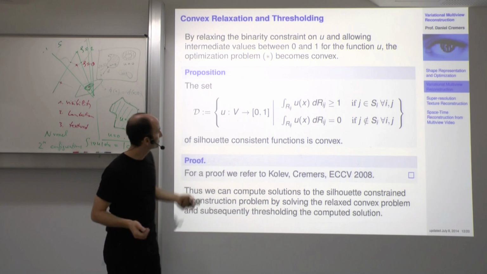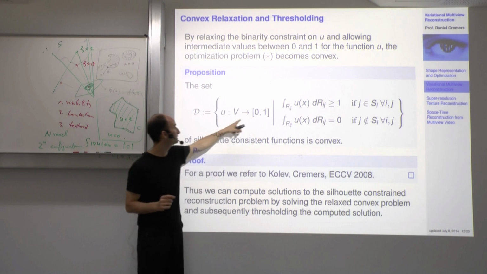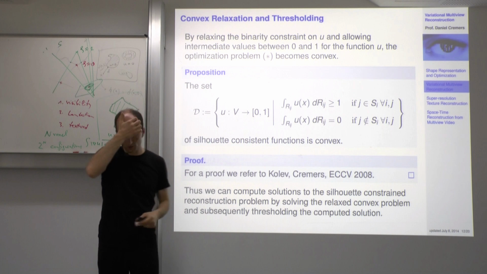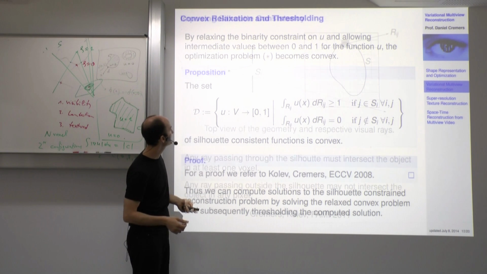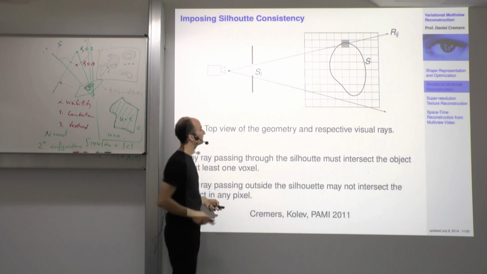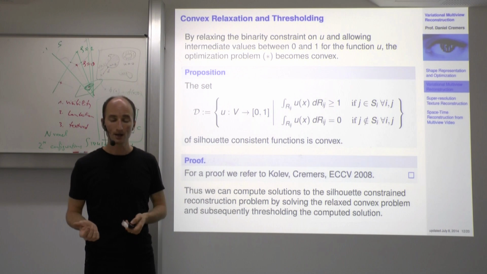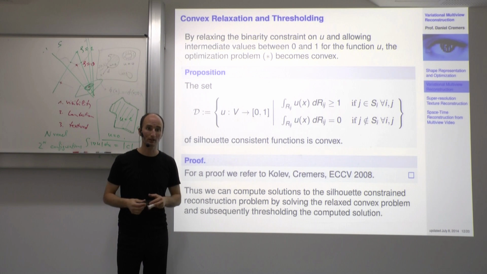With the drawback that what we're computing is not a hard decision any longer, but a soft decision. And so what we do in practice to solve it is we solve this convex problem, meaning we minimize this weighted minimal surface over that convex domain. So a convex cost function minimized over a convex domain, that can be done very efficiently today.